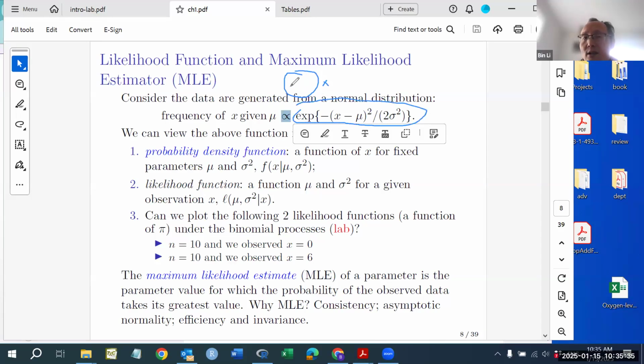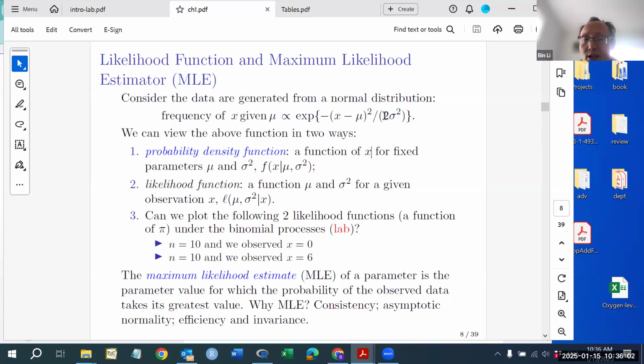The constant doesn't matter. When you do the ratios, the constant will cancel out. So that's why I'm just using this. If you want to know the exact formula, you can easily find it, okay?